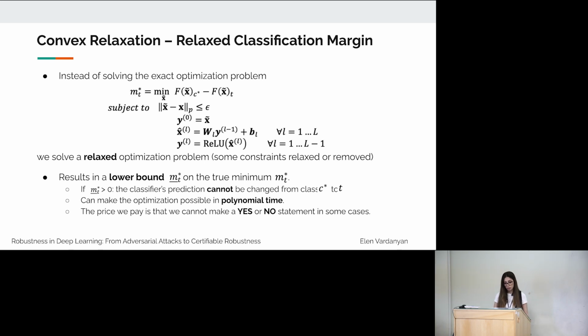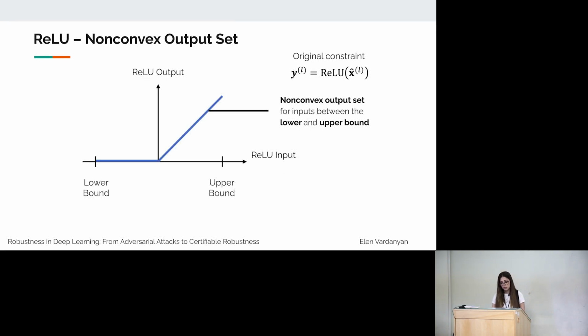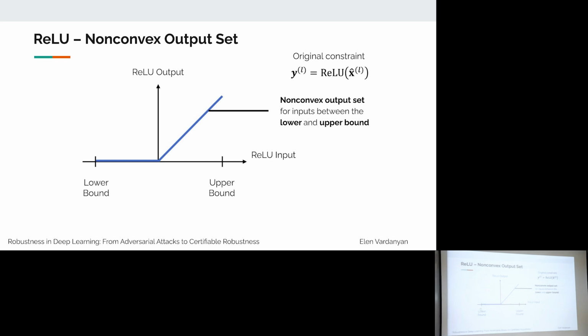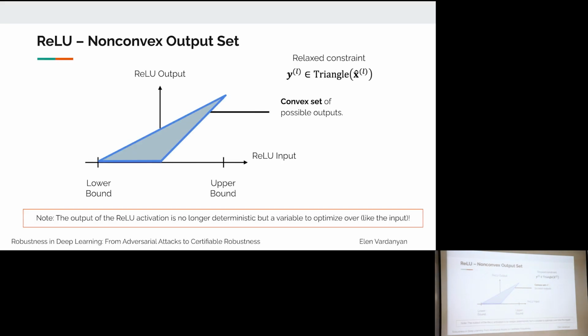Moving on to this slide, we can see that ReLU does not have a convex output set for inputs between this lower bound and upper bound that we had. What this convex relaxation offers is that we change the output into this triangle and not the lines.